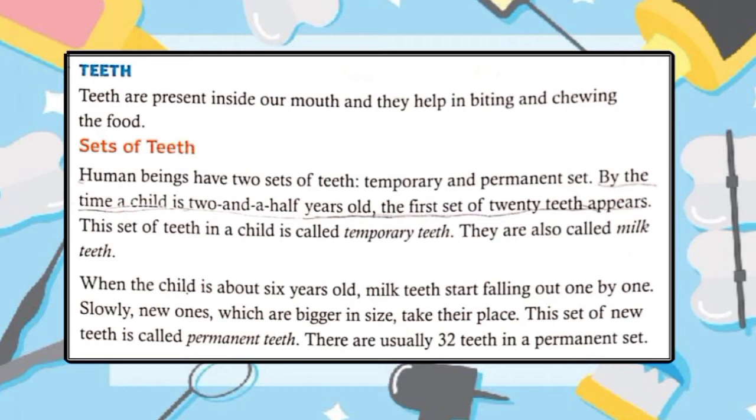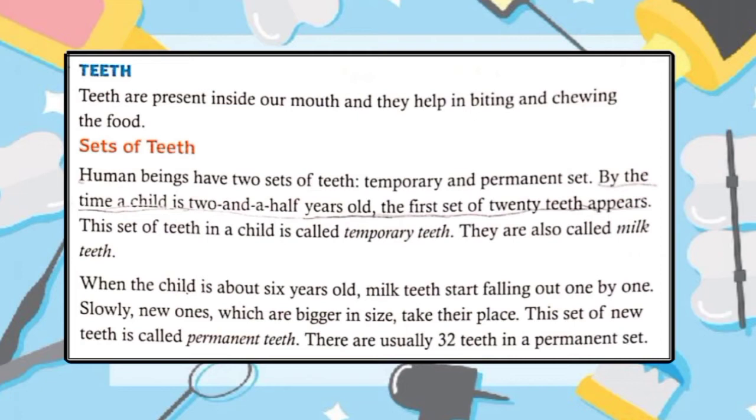We have all gone through the phase during our childhood where we would lose a tooth and a new one would already be ready below it. As humans, we have two sets of teeth that erupt during our lifetime, and this first set is called milk teeth, primary teeth or baby teeth, and they start erupting at the age of 2.5 years.